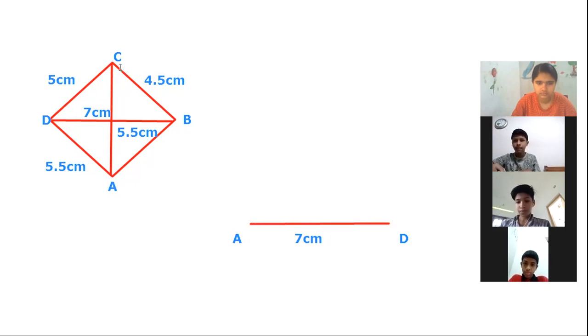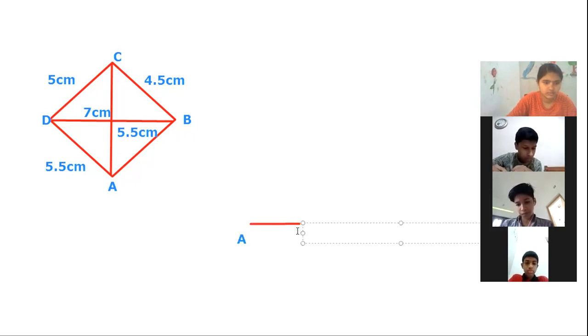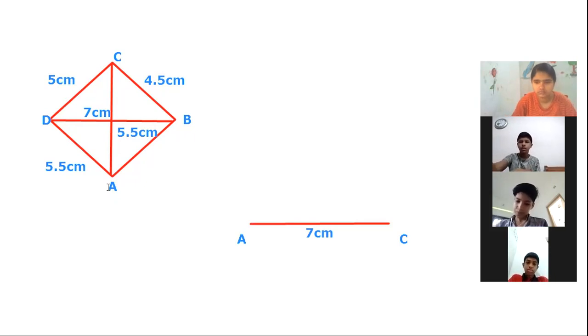Which is the triangle ACD? This is the triangle ACD. For drawing this triangle, first of all, we are drawing the side AC. It's AC, not AD. And what is the length of AC? Now we have drawn the side or the diagonal AC first.